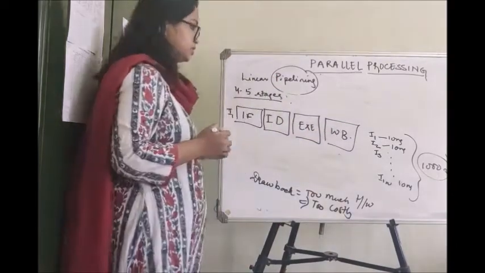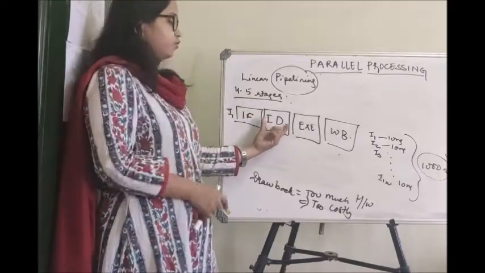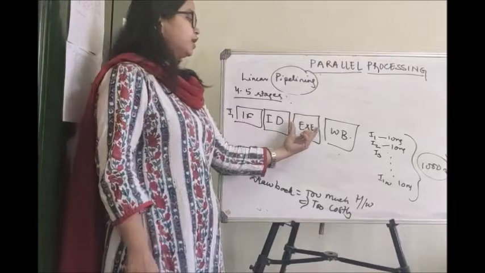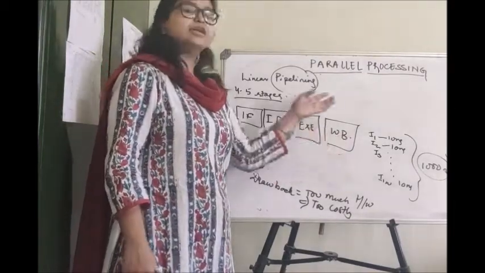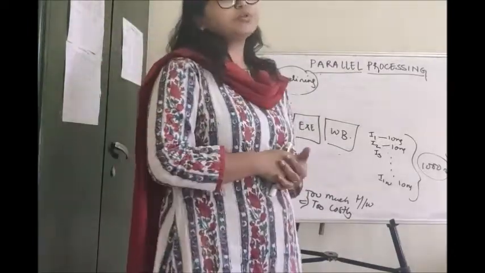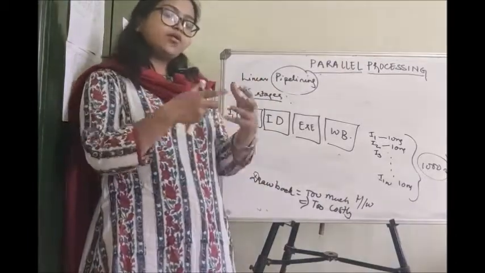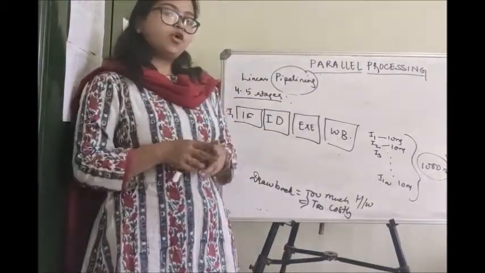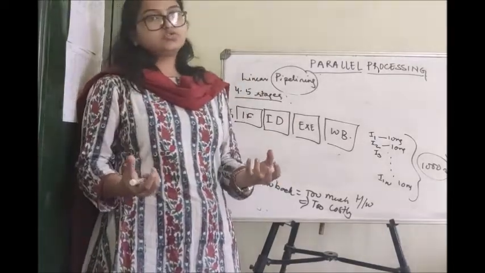So the stages are: instruction fetch, instruction decode, execution, and write back. We have already studied it; you can go through the previous lecture in which I explained how an instruction is carried out. Broadly, we can classify it as fetch cycle and execution cycle.